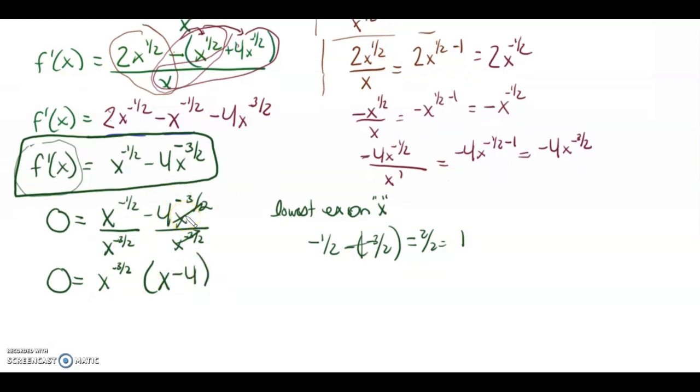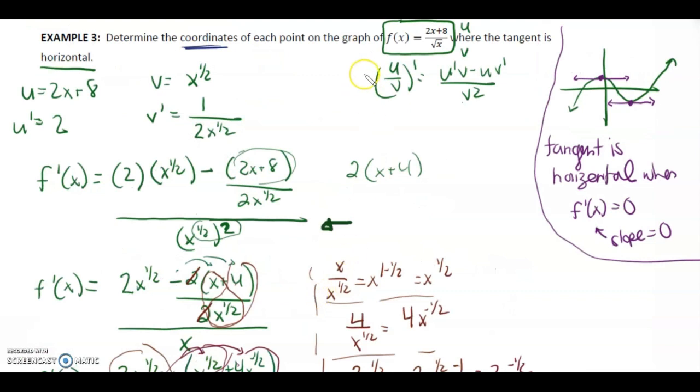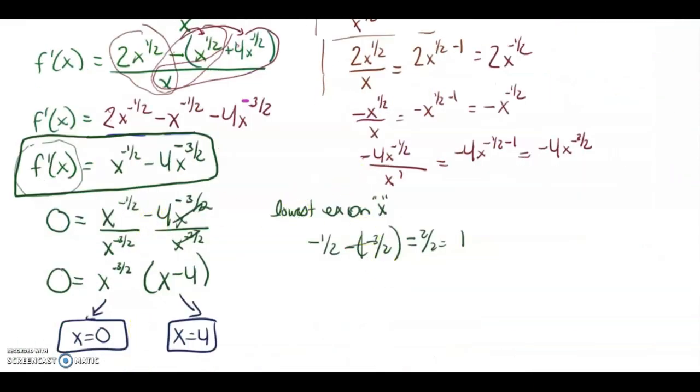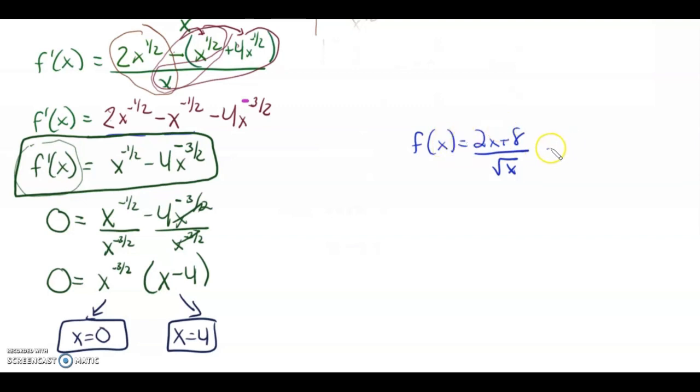So as of right here, we have two potential situations where we're going to have a horizontal slope. It's either going to happen when x equals 0 or when x equals 4. Okay, so if you think about the domain of the original, so f at x equals 2x plus 8 over root x, the original function has a domain that x is greater than 0, right?